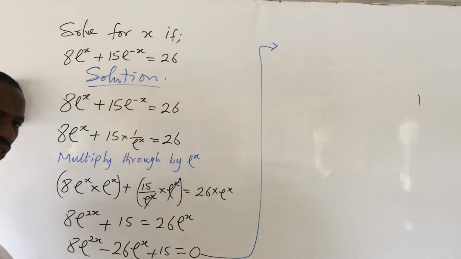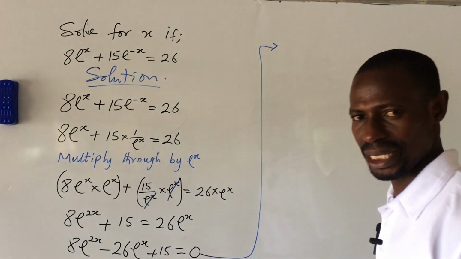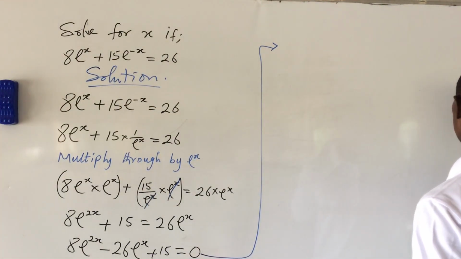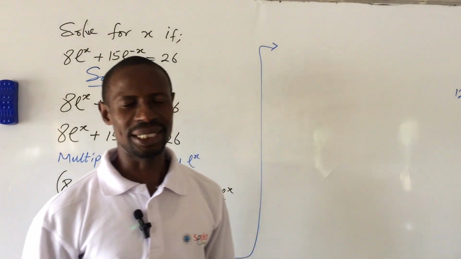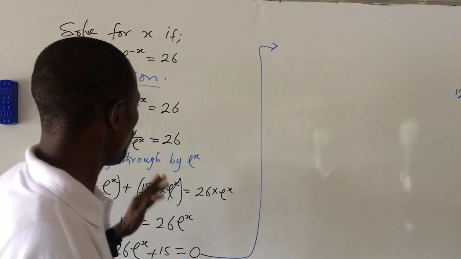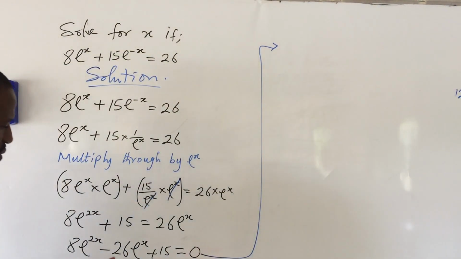For us to get the factors that we will multiply together to give us the constant term and add together to give us this minus 26, we use 8 times 15. And 8 times 15 will give us 120. So we are looking for two numbers among the factors of 120 that when we multiply together will give us 120, added together to give us minus 26.